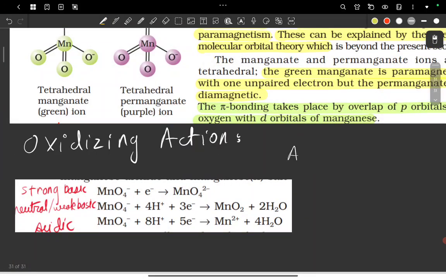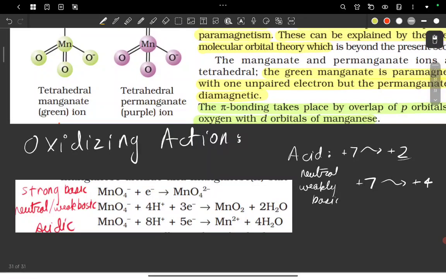In acidic media, it goes from +7 to +2. In neutral or weakly basic, it goes from +7 to +4.